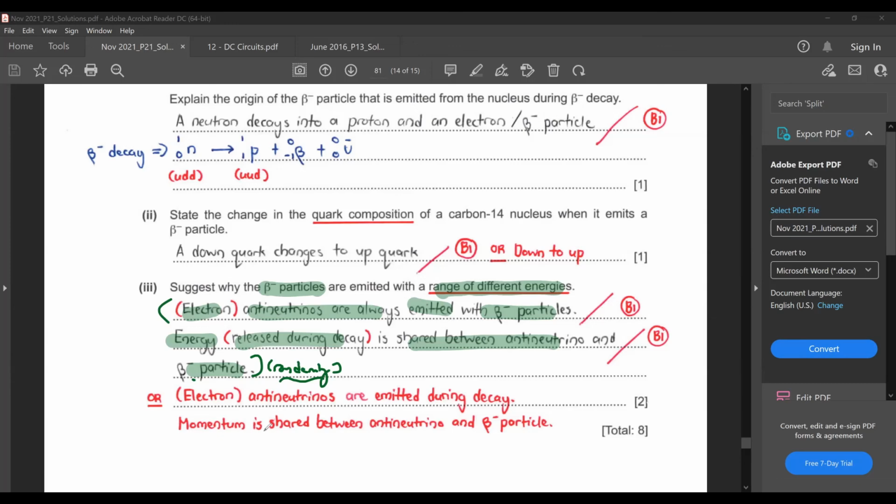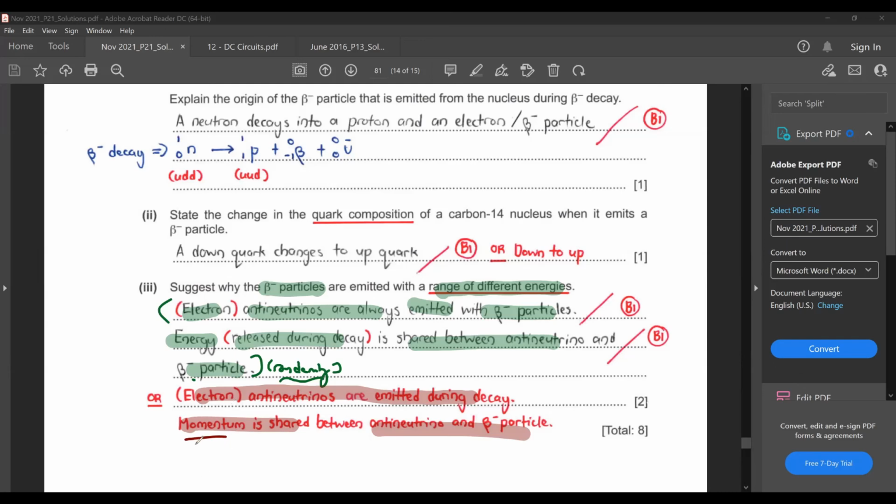There's also another answer for this one. The first point was the same as the one I just wrote: electron and antineutrinos are emitted during the decay. Momentum is shared between the antineutrino and beta minus particle. This one is not talking so much about the energy, but about momentum, which relates to energy.